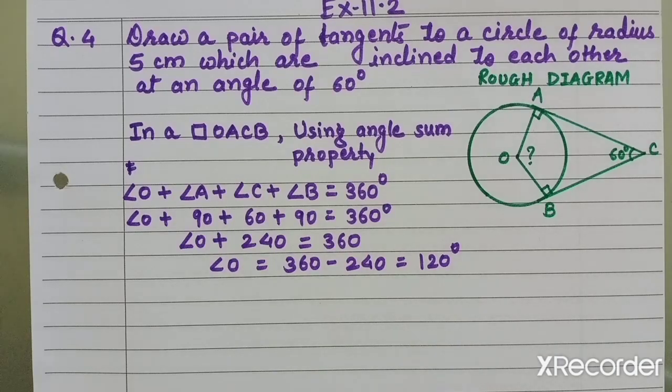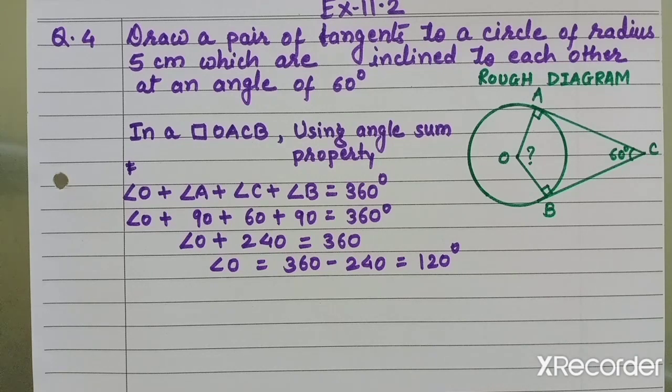Next is question number 4, exercise 11.2. Draw a pair of tangents to a circle of radius 5 cm which are inclined to each other at an angle of 60 degrees.